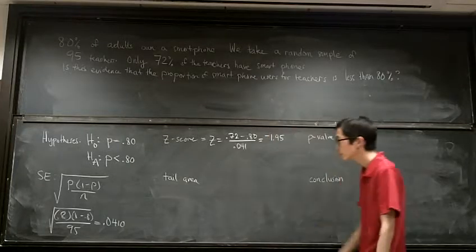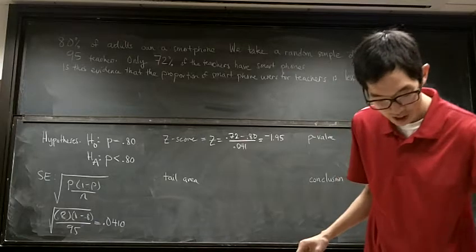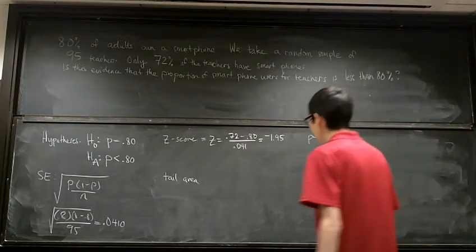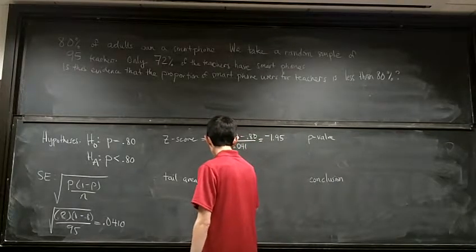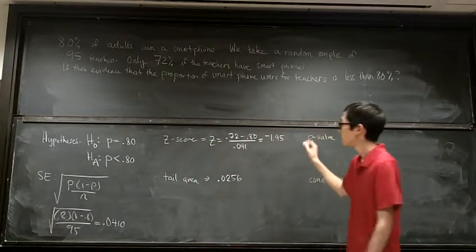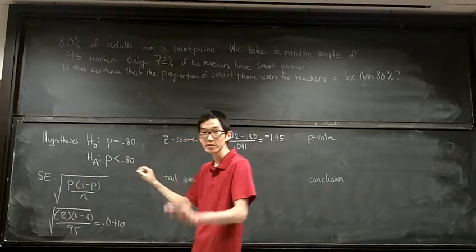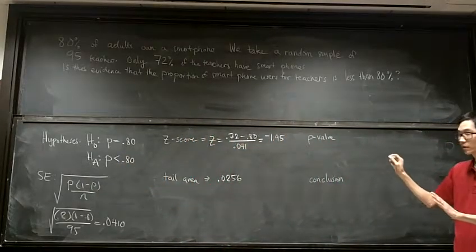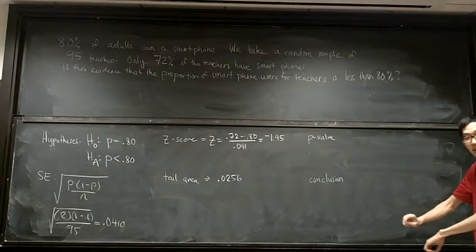Yes. So I looked that up in my table, and my tail area is 0.0256. My alternative hypothesis has a less than. It doesn't have a not equal sign. So you only double it if you have a not equal. Otherwise, leave it as your tail.